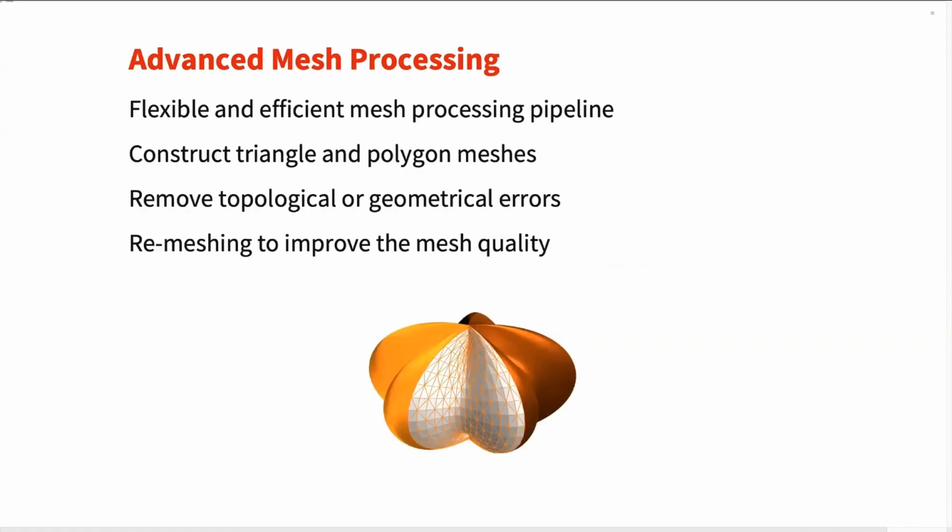Use the mesh processing pipeline to understand intricate geometric structure and properties of your geometric data. It enables you to construct triangles and polygonal meshes of scan or tomographic input data, to remove topological or geometric errors, to remesh and improve your mesh quality.